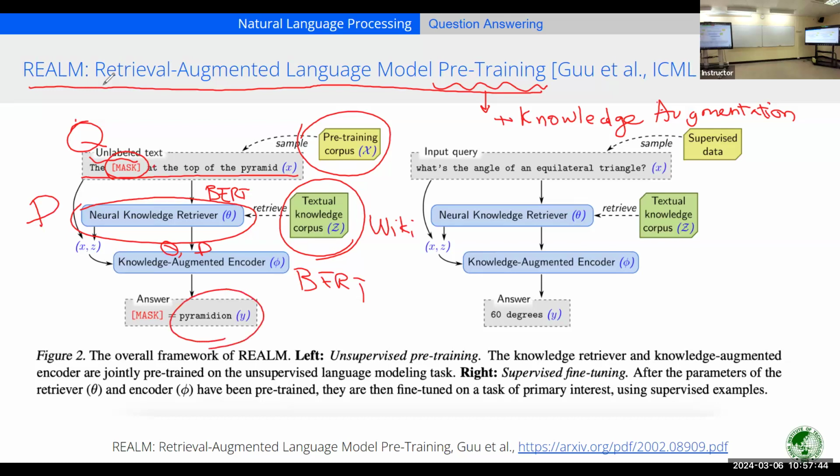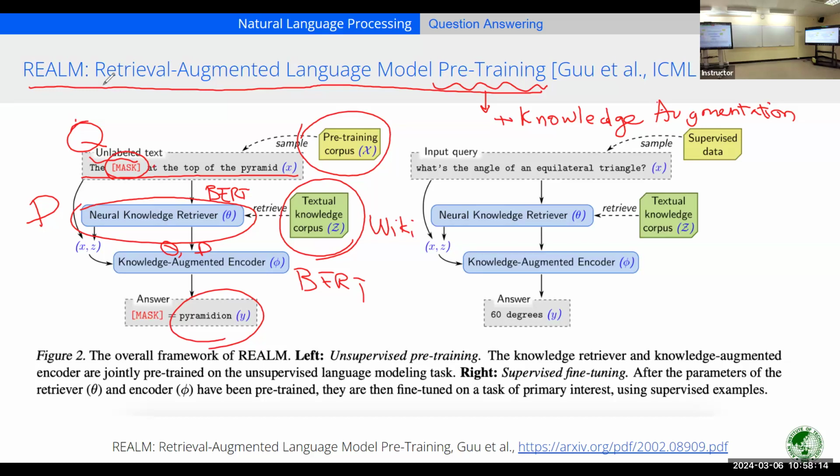So they pre-train this so many times. This is my notion: how do you incorporate world knowledge like Wikipedia inside pre-training? This is what I'm trying to say. And this paper is very highly cited and very important.